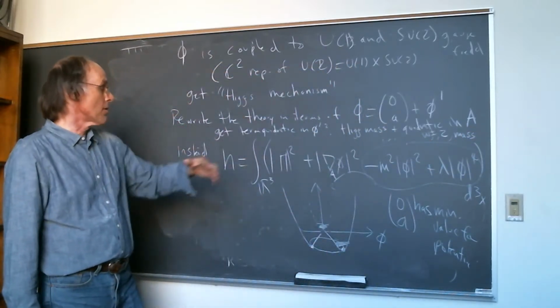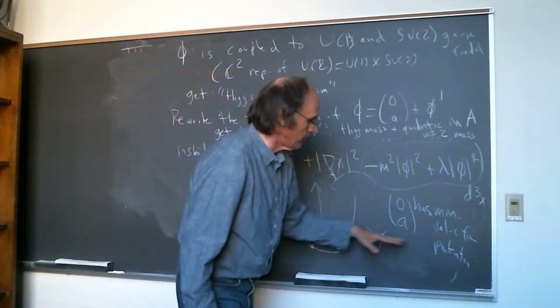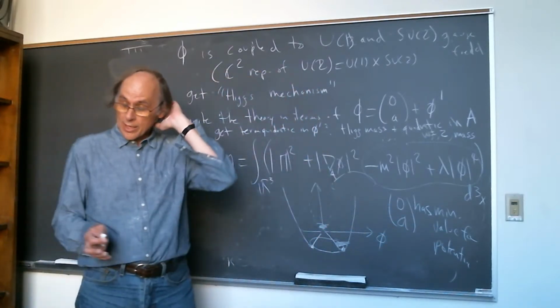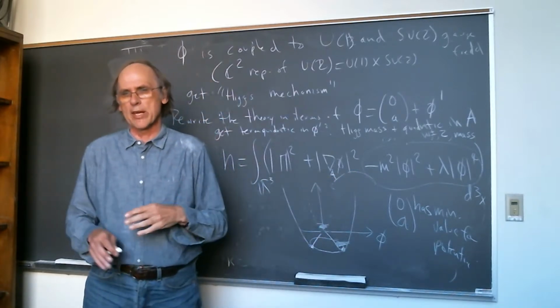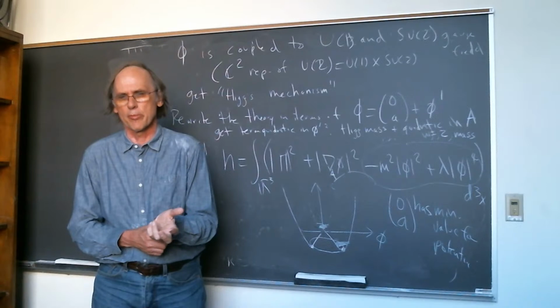Okay, so the effect of this, anyway, this is all kind of conjectural, that we actually know how to make sense of this whole story in perturbation theory, but not really so much non-perturbatively.